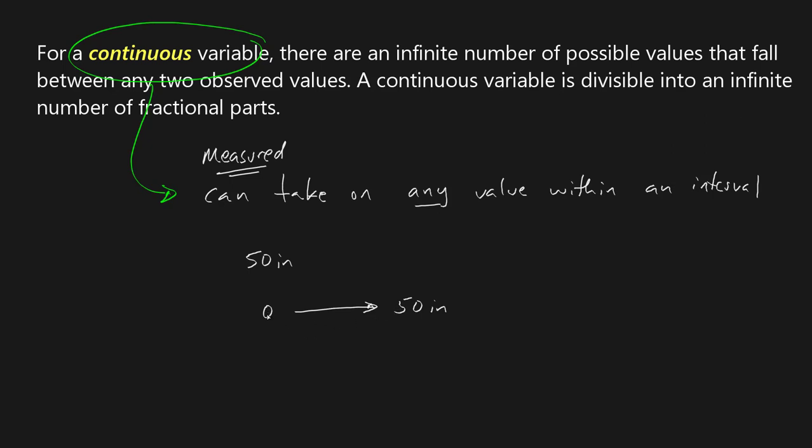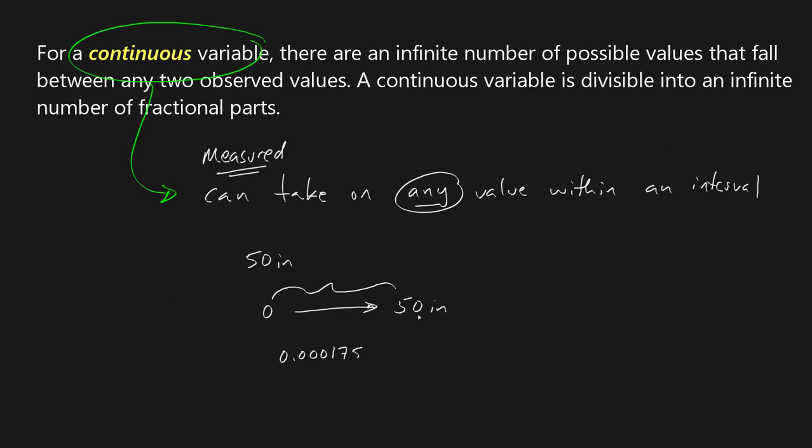It doesn't have to be 0 or 1 or 2 or 3 and so on. It could be 0.000175 inches tall. It could be just a little bit taller than that. It doesn't have to be any specific or certain value within this interval. A continuous variable can take on any value within an interval. Even if there are limits to the interval, we can't have a plant that is smaller than 0. We can't have a plant within this container that I'm hypothesizing that is larger than 50 inches.